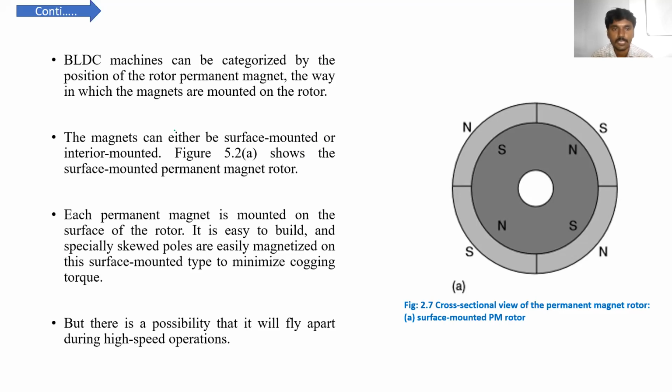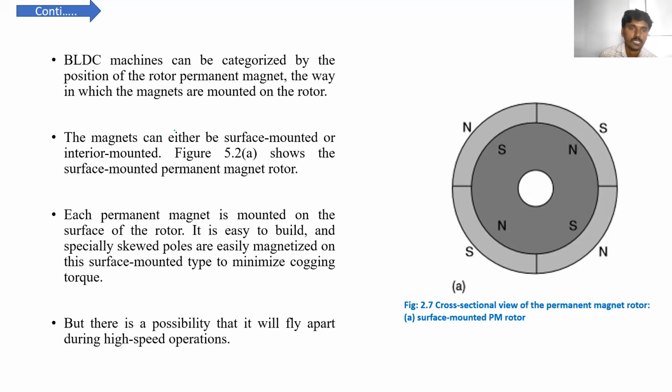The magnets can either be surface mounted or interior mounted, meaning they can be placed on the surface of the rotor or inside the rotor. Each permanent magnet mounted on the surface is easy to build, and especially skewed poles are easily magnetized on the surface mounted type, reducing cogging torque.